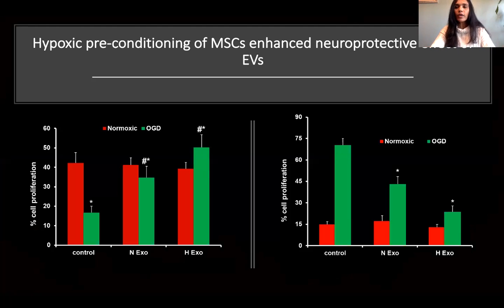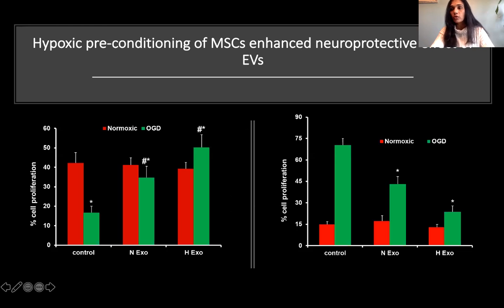Here, we isolated EVs from the hypoxic preconditioned MSC media and evaluated cell death and cell proliferation using our OGD model of mixed retinal neuronal cells. This is normoxic EVs and this is hypoxic EVs. Definitely, there is an increase in cell proliferation and decrease in cell death with the hypoxic preconditioned EVs compared to normoxic.